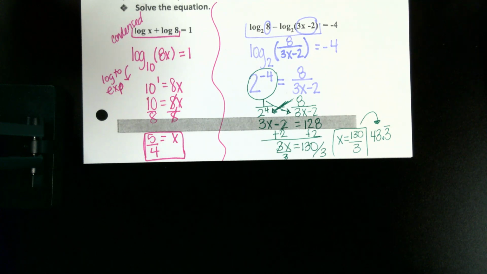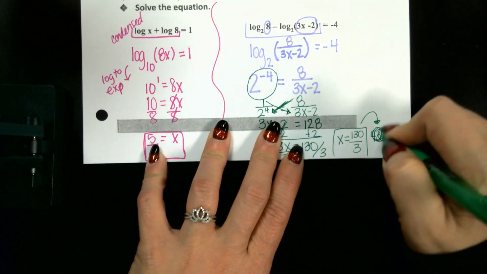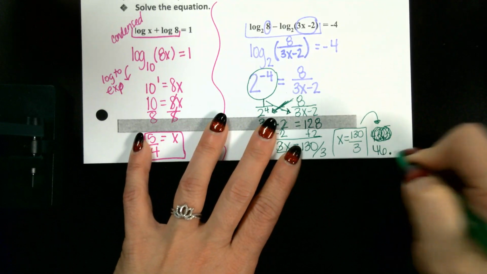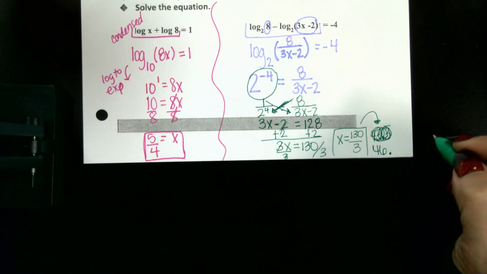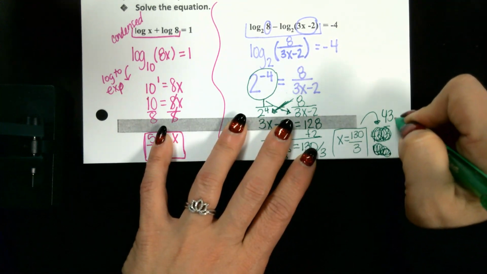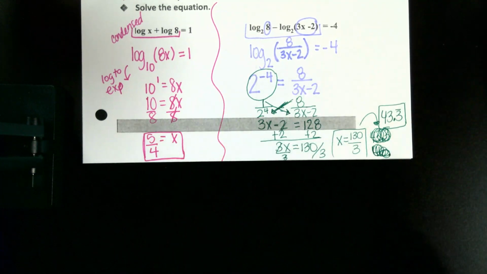Is that right? No. Look, you guys have me lying. 46. No, I was right the first time. 43.3. Well, because I was hoping one of you guys would have typed it in by now.